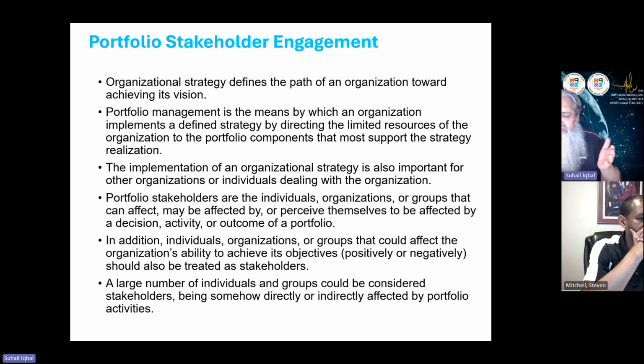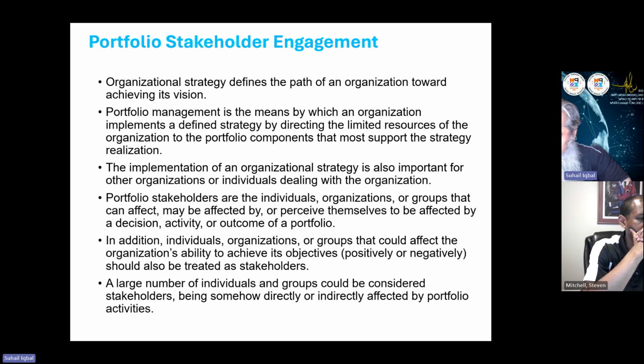So they can be people who can impact or affect our portfolio, our organization, or who can be impacted or affected by our organization.